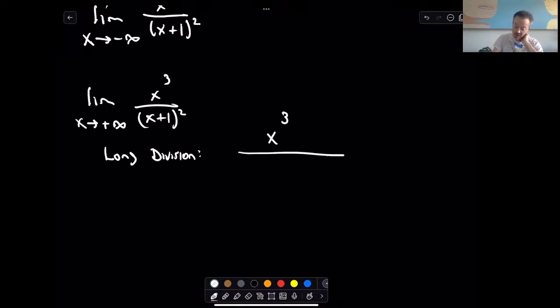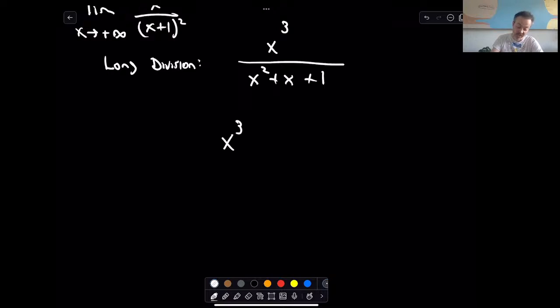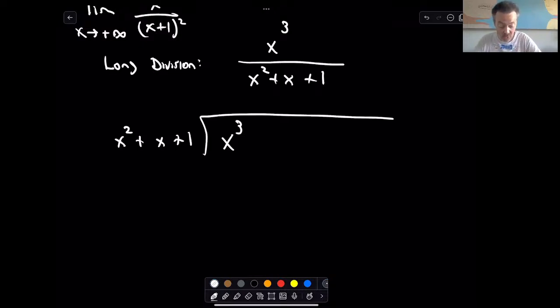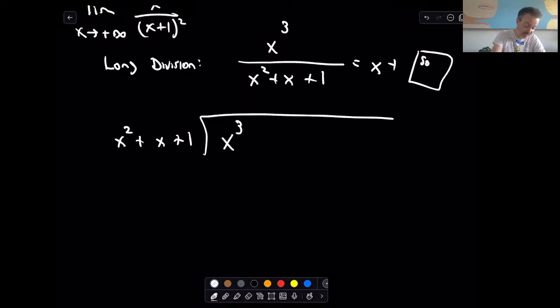So the denominator is really going to be x squared plus x plus 1. You could do polynomial long division if you remember how. And then you could rewrite this function. It's going to be x plus some stuff, which is going to be the remainder.